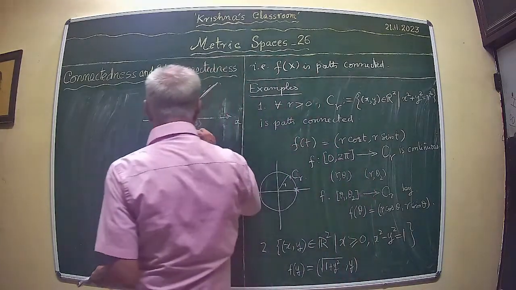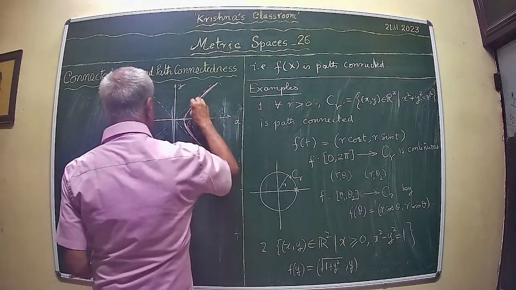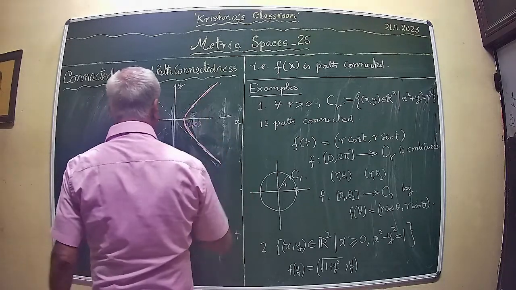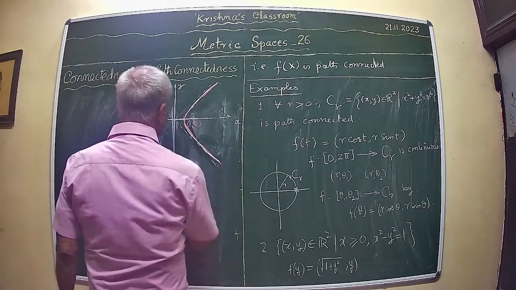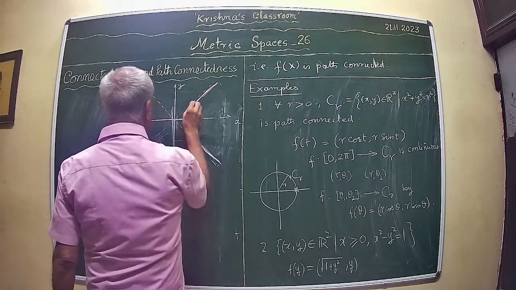Okay. Now, if you take 2 points on this, something here, something here, then you can always stay on this curve and reach there. What you do? Describe the boundary.